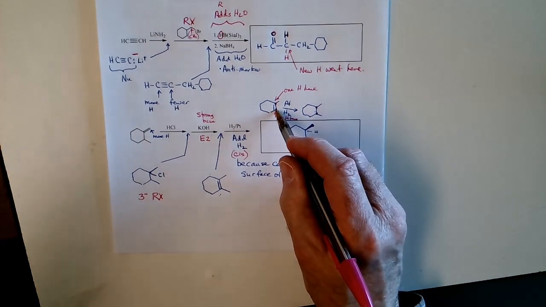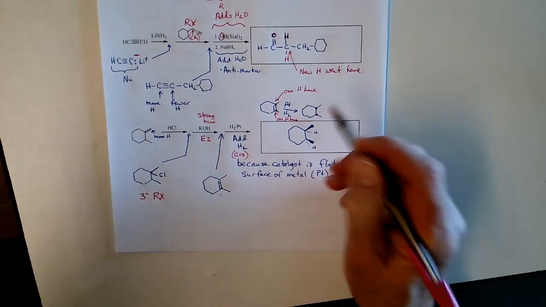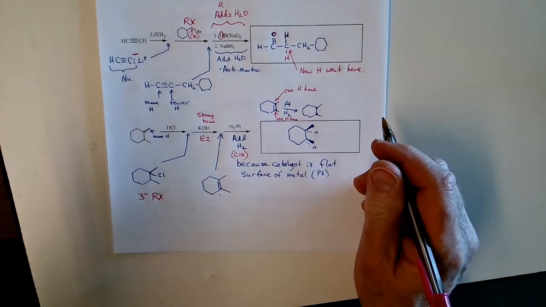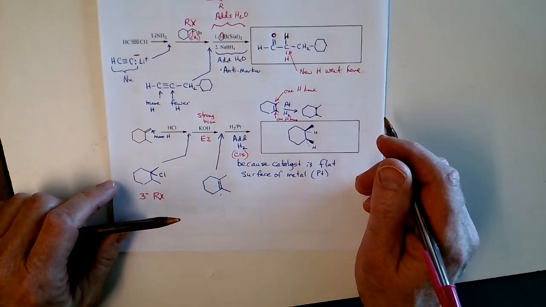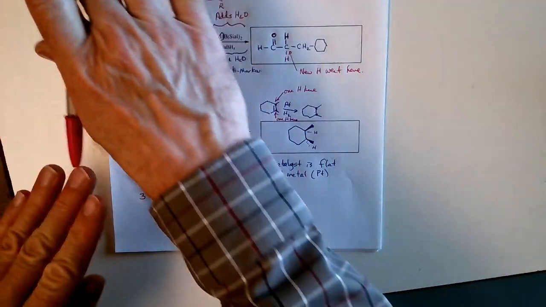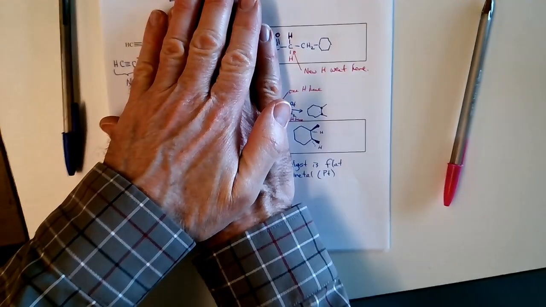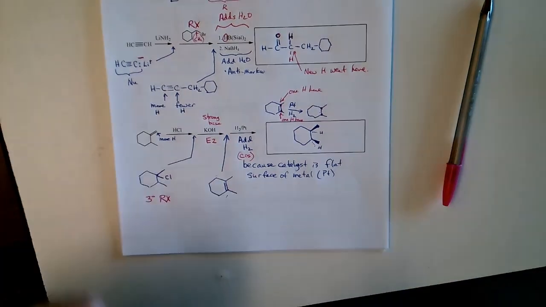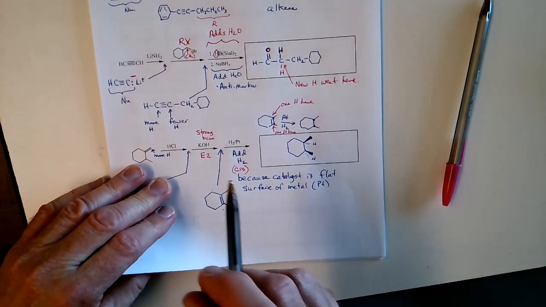And on this one, no hydrogens. On this one, you've got one. So they both attack from the backside. They do. That's why it's cis. They come in, the hydrogen is actually bound to the metal, like this tabletop, and here comes the alkene, like that. Okay, any further questions?